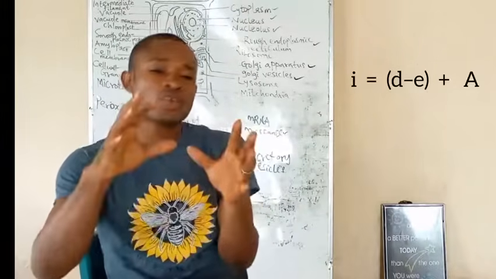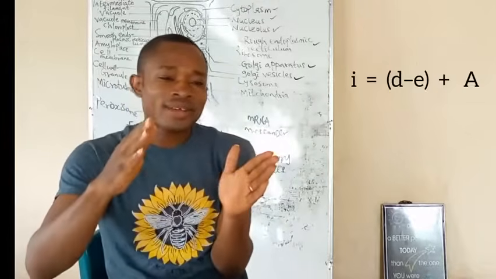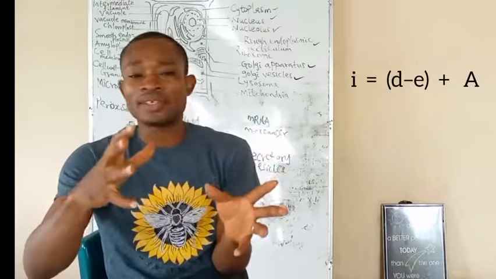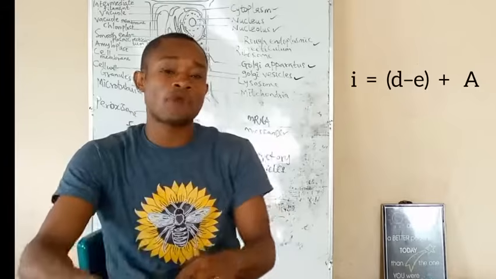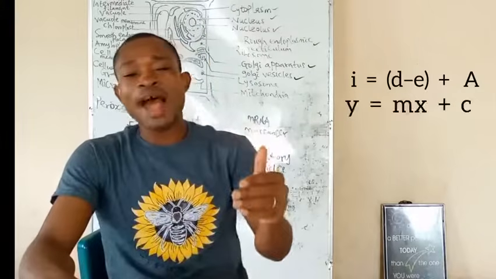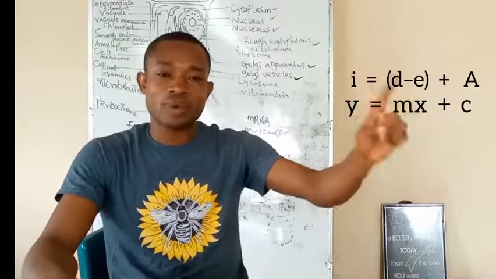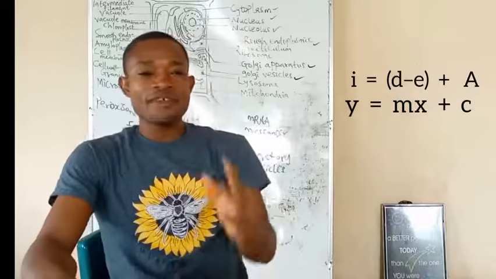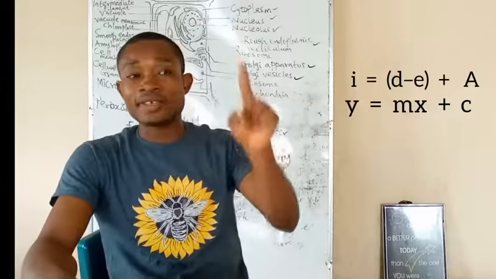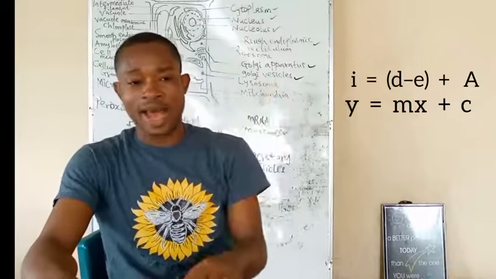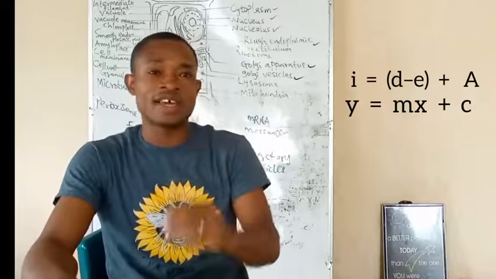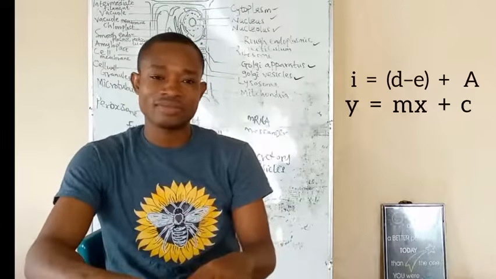If you compare this equation with our equation of a straight line in slope-intercept form, you will have y equal to mx plus c. Now if we do the comparison, y is equal to the angle of incidence I, because we plotted the angle of incidence on the vertical axis.